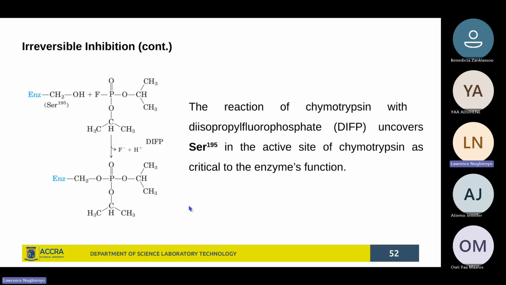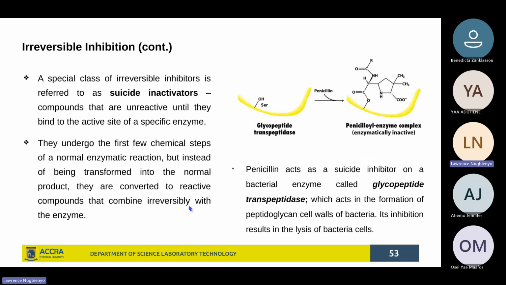All right. This is also on irreversible inhibition, of the enzyme glycopeptide transpeptidase. And glycopeptide transpeptidase is involved in the formation of what we saw earlier, the peptidoglycan cell walls of bacteria.